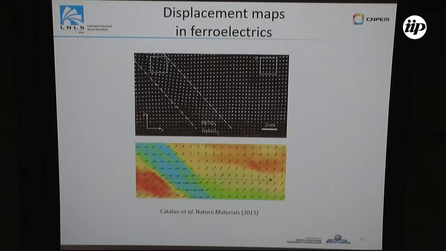Here I have an example of the displacement map in a ferroelectric thin film, lead titanate. From the displacement map, we can see how the polarization goes through the 90 degree domain wall, that is a twin domain wall.